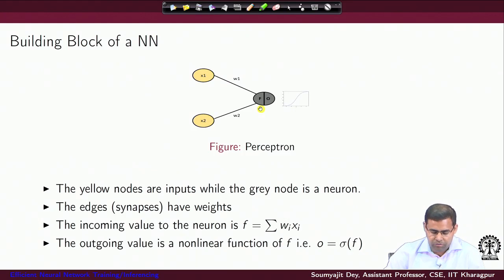So, fundamentally what we will do is add a nonlinear transformation here, which is known as the activation function. We will have edges or synapses like this, right.